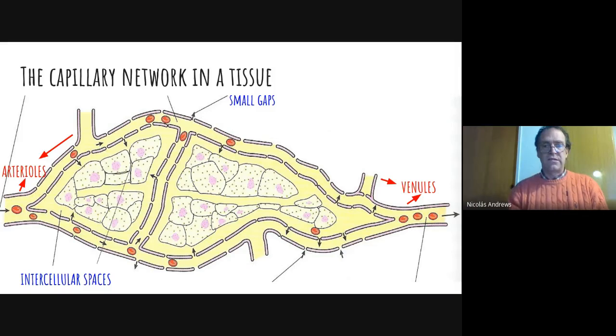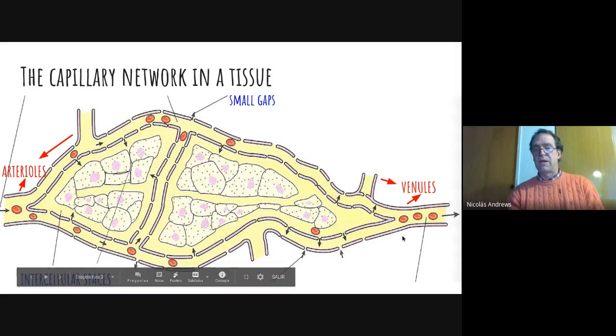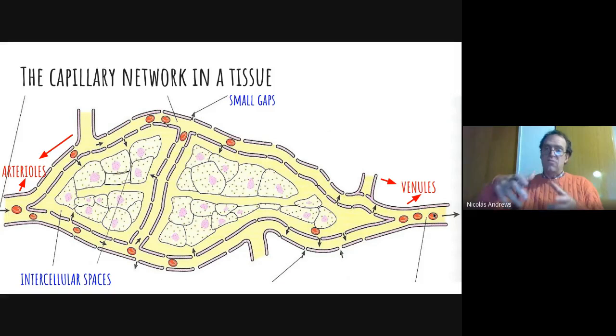I said that this diagram had a couple of mistakes. The first idea is that the lumen of the arteries should be much narrower than the lumen of the veins. Yes, as the blood in the veins, in this case in the venules, is at a very low pressure, the veins should be much wider to allow more blood to return.